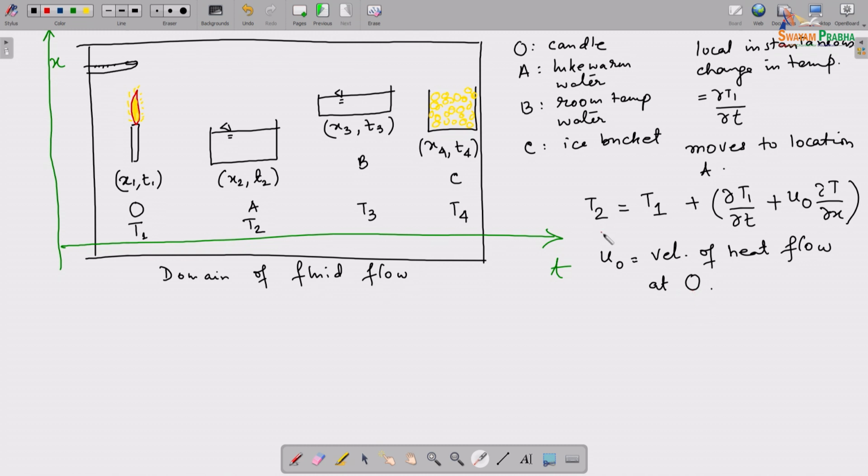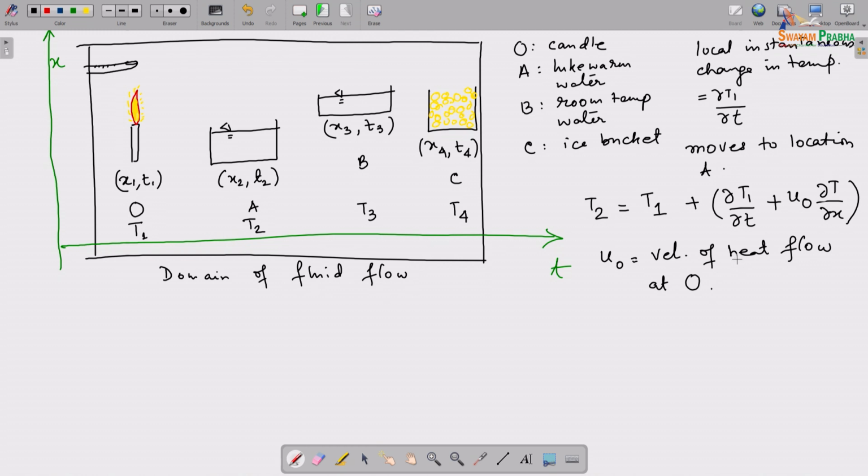So the temperature T2 is essentially now T1, which is what I had originally, to which I made an instantaneous change because I moved my finger through the candle, and then I moved in space, that is, I move my finger through the control volume at a rate u naught, the velocity of heat flow at O. You can see there is a change in this heat.